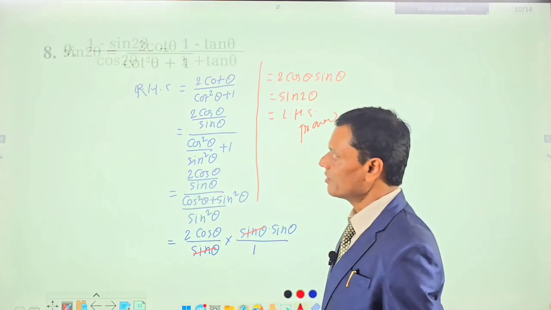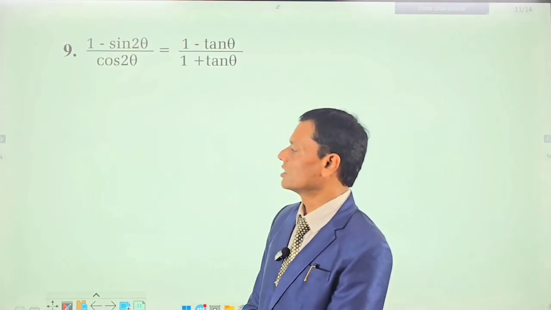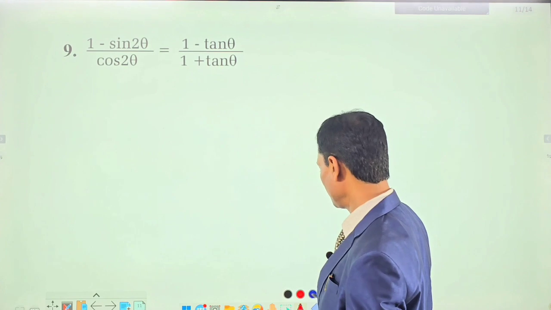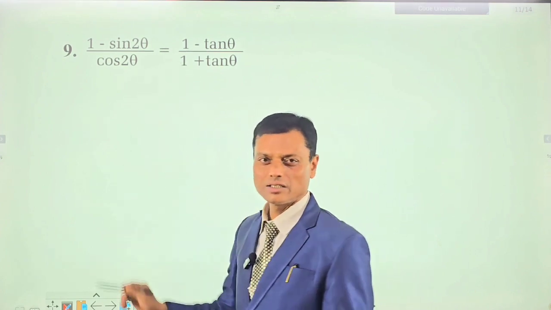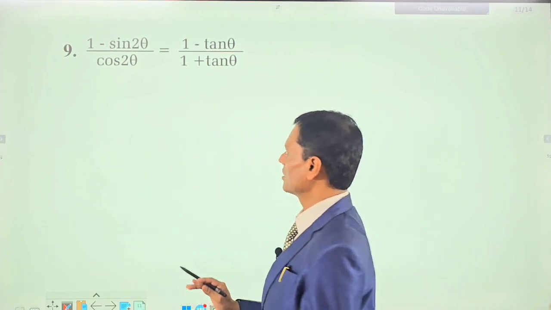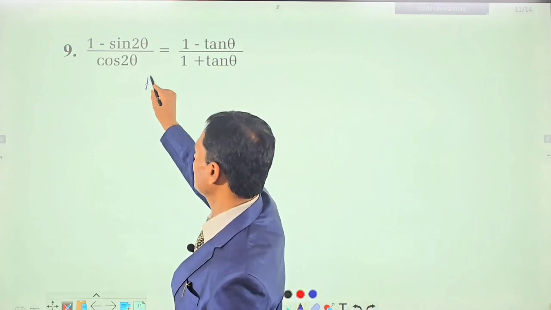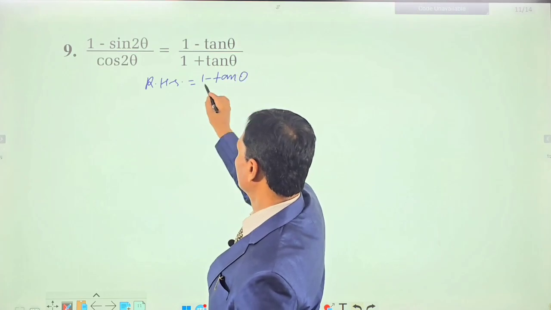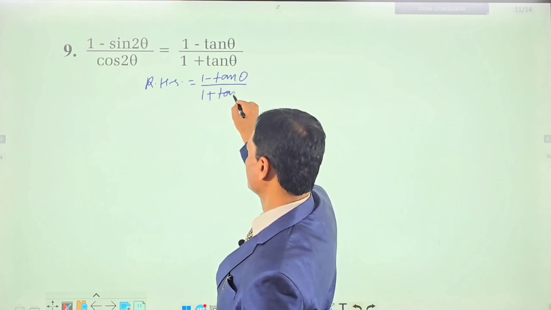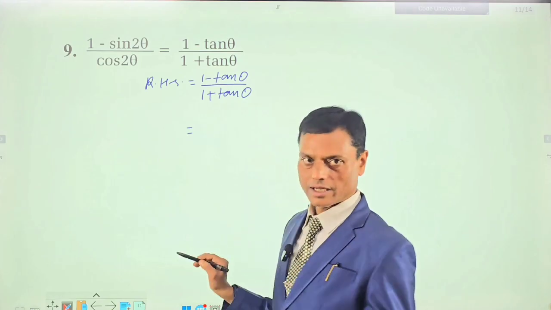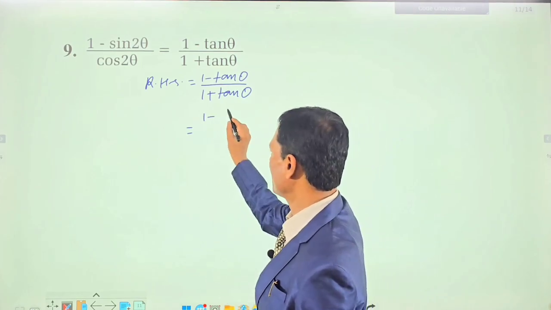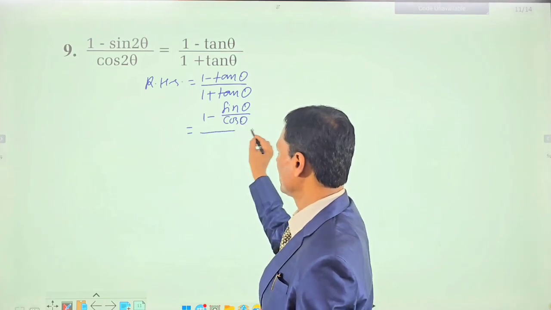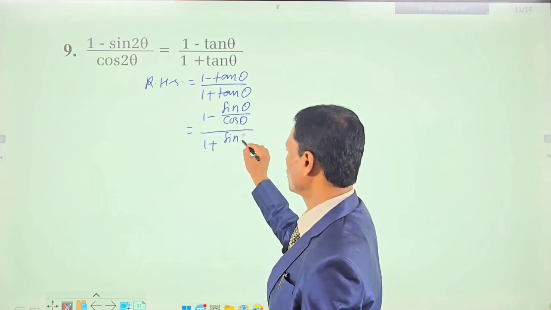Next identity you have here 1 minus sin 2 theta over cos 2 theta equals 1 minus tan theta over 1 plus tan theta. So we can choose the right hand side, or we can choose the left hand side also, doesn't matter, but the better will be the right hand side. So right hand side equals 1 minus tan theta over 1 plus tan theta, and tan theta means sin by cos, so we can write 1 minus sin theta over cos theta, and 1 plus sin theta over cos theta.